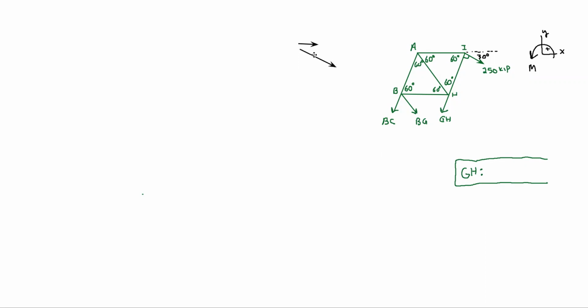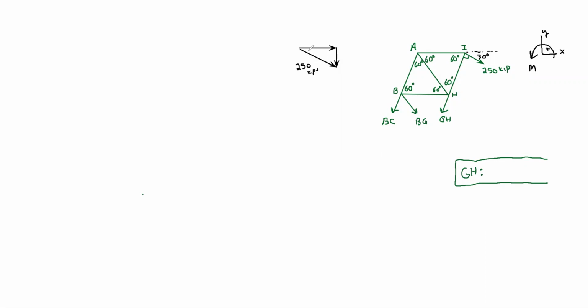There's the Y component, or the X component. Sometimes I get them so confused. There's the Y component. So this is 250 kips.